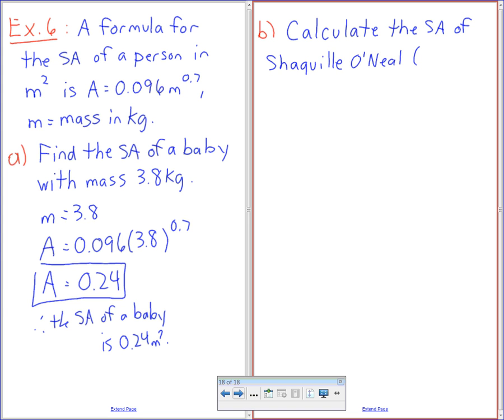And we're gonna call him 140 kilograms. Okay, so that's a little over 300 pounds. He is 7'1", which is about yay high. Okay, so he's very big. You can imagine he'll have a lot more surface area than a baby will have. We'll find out how much more right now.